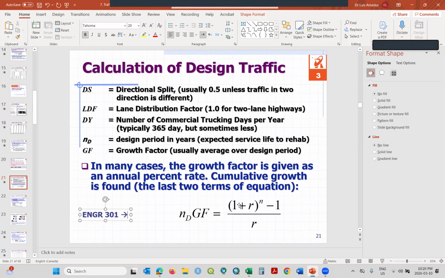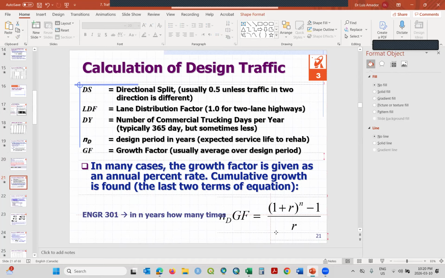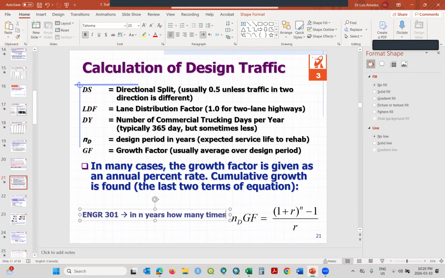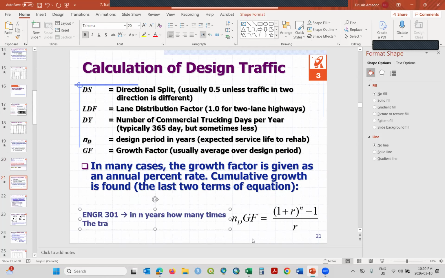This one is telling you, in a given number of years, in n years, how many times the traffic accumulates.